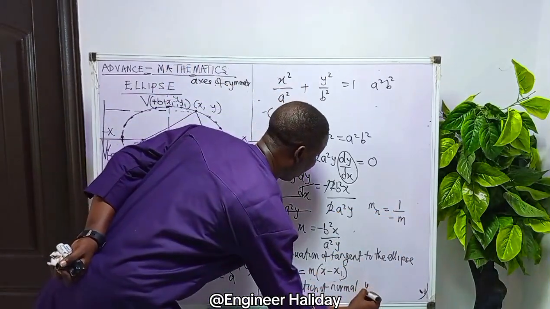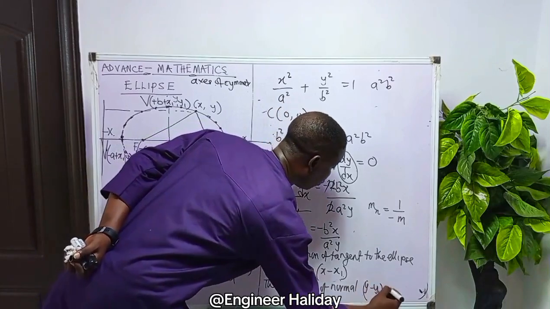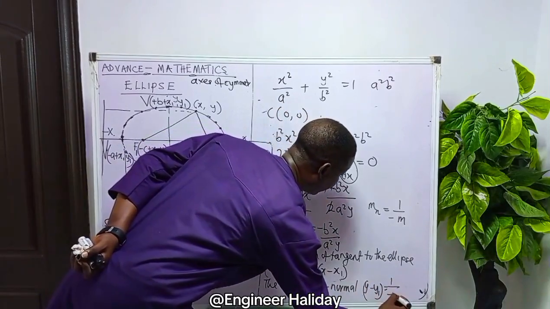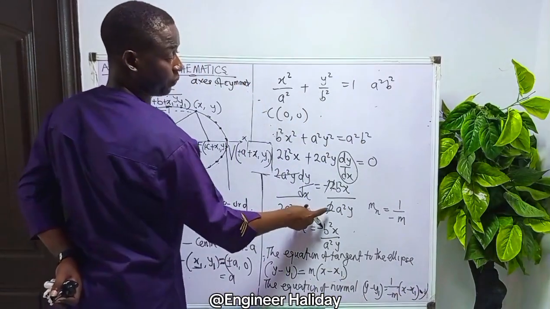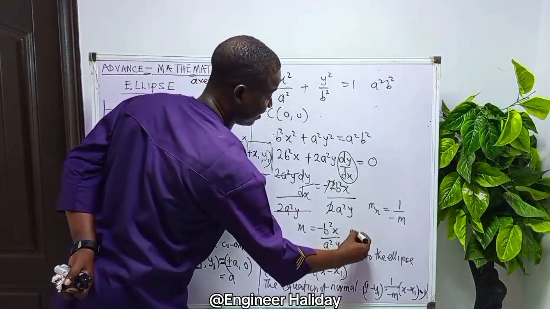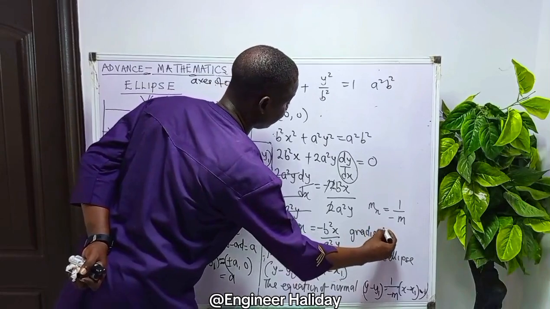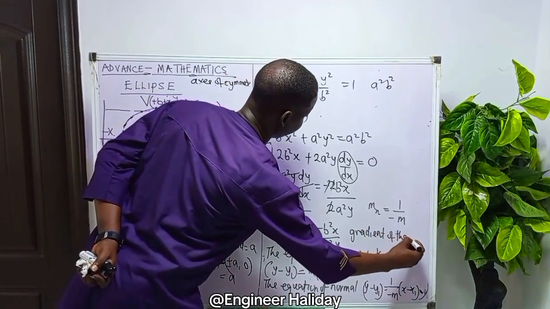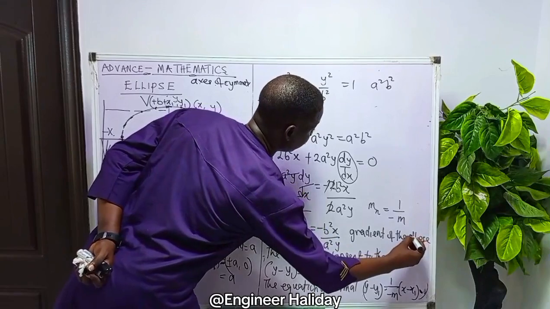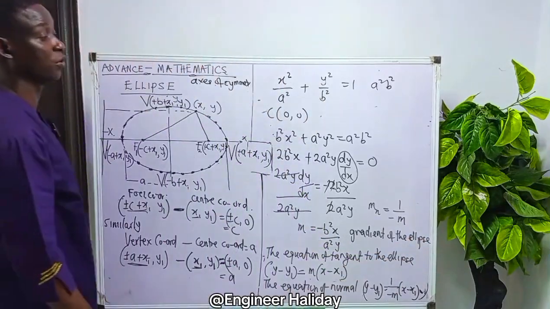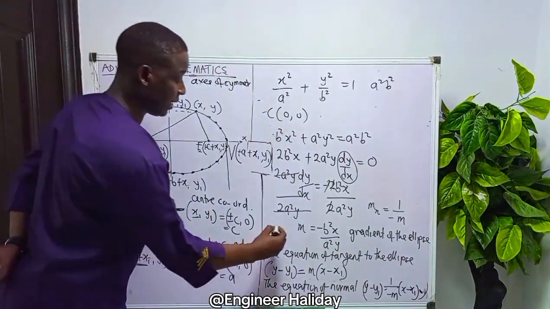So in that case, you just do y minus y1 equals 1 over minus m, x minus x1. Don't forget your gradient. This is the gradient or slope of the ellipse. So you just put it there.